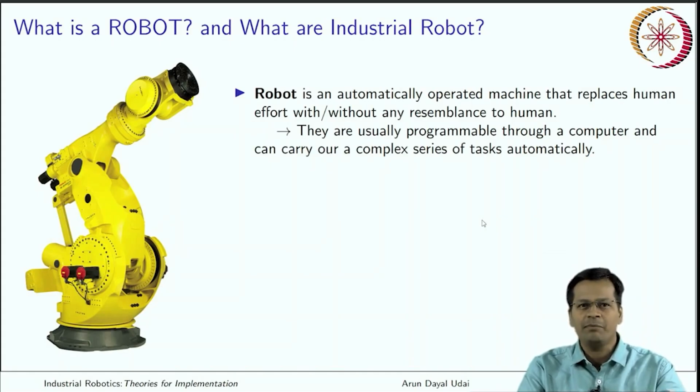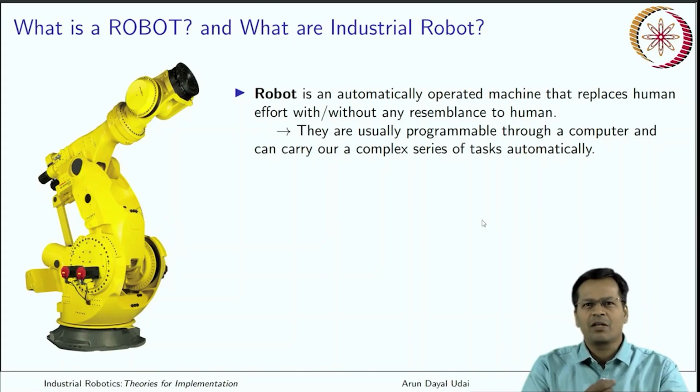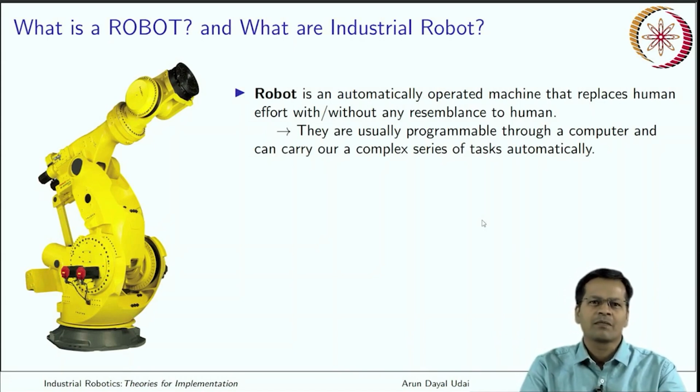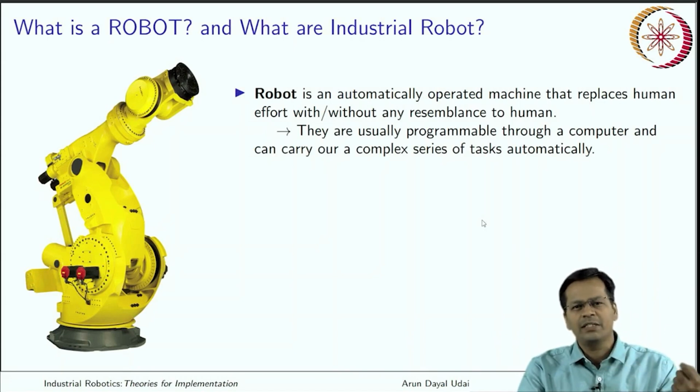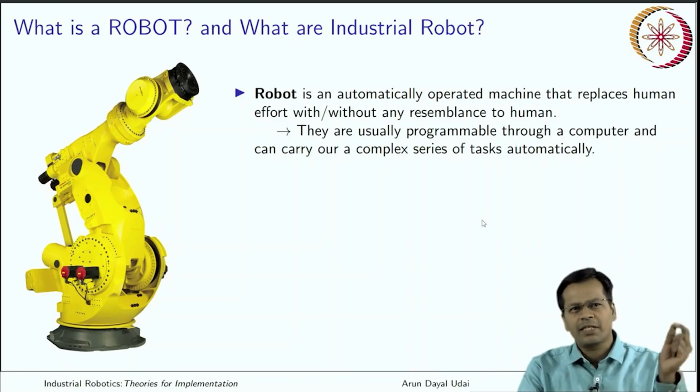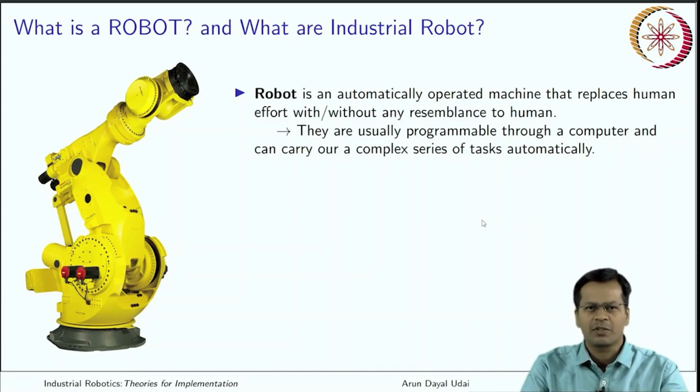Once they are programmed for a complex series of tasks, which you will also see in the application videos that I'll show you now, they can perform very intricate tasks. Once it is programmed, it can repeatedly keep on doing it for each and every car that comes on the assembly line or anything else, right?